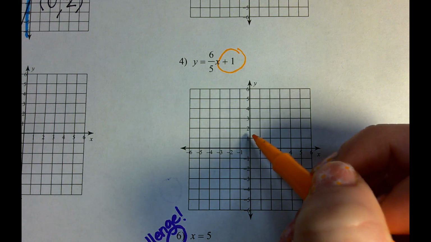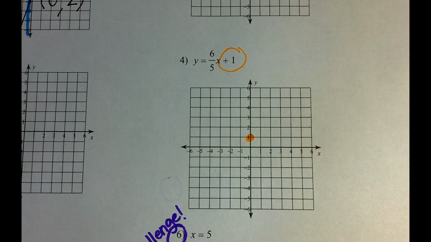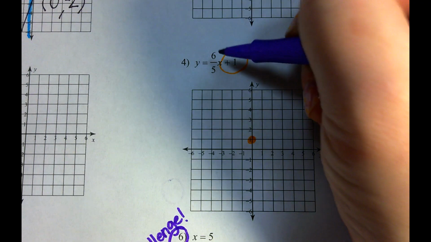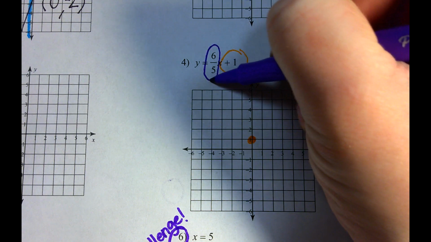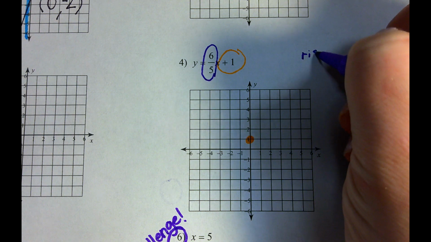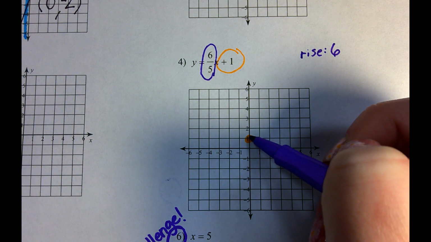I'm going to go up 1. Perfect. Yes. So now we're going to use our slope, which is 6 over 5. So what's our rise going to be? 6. So I'm going up 6.